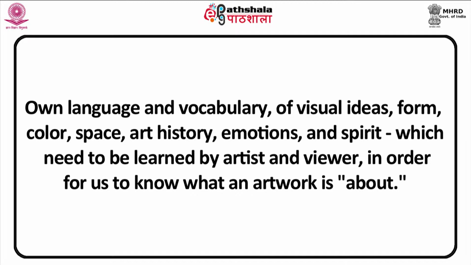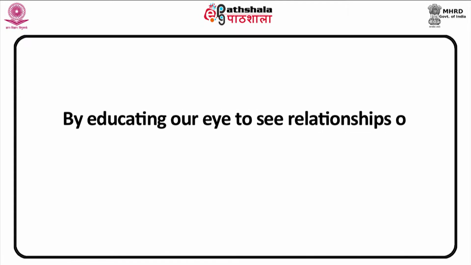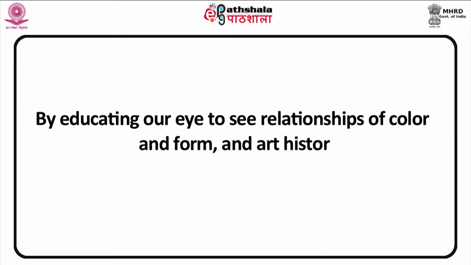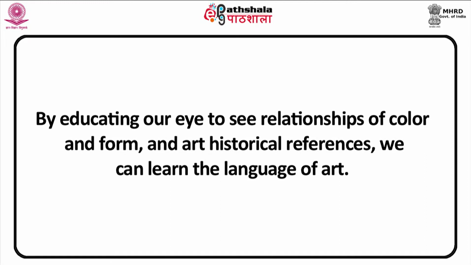In order for us to know what an art is about, educating our eye to see relationship of color and form and art historical references, we can learn the language of art. This can be done by looking at a lot of art, many different kinds for a long time, as well as learning about the history of art in books, gallery and museum lectures, etc.